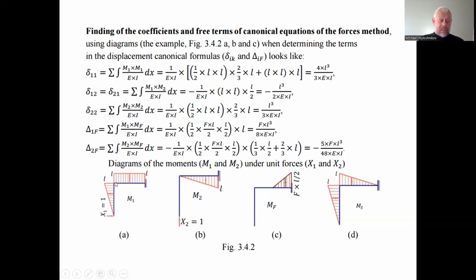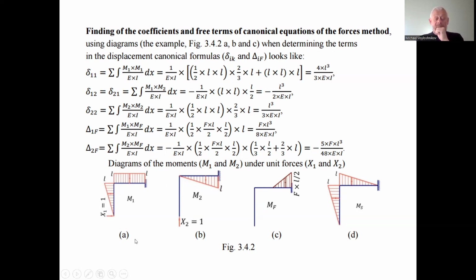The same is for the upper segment of the bending moment diagram. So we have the area of the diagram. The area is L by L, where L is the length of this segment. L is transmitted through the rigid joint, the bending moment under the unit force from the previous leg.